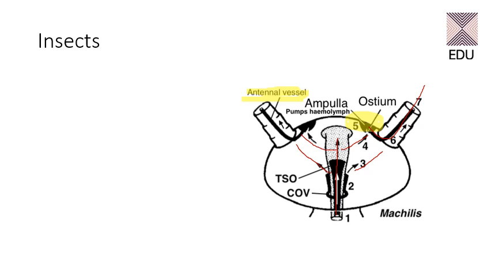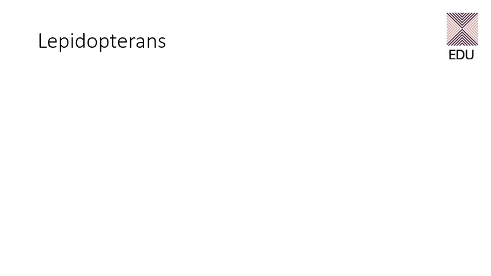Now students, after the insects, we are talking something about the Lepidopterans. Lepidoptera is the order of the butterflies and moths. Here the organs which are pumping the hemolymph have been found in these types of insects also.